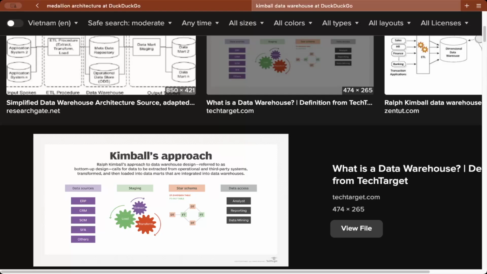The point is, these names are just labels that differ across companies and across the people who work with data. What is really important is to understand what each layer does, and follow the naming conventions that make communication smoother.